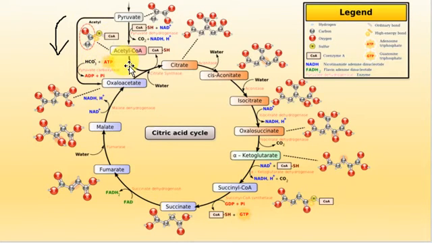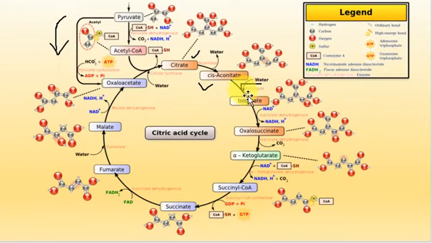So what happens here, condensation occurs and oxaloacetate is then transformed to citrate, after which dehydration will occur and it will move on to aconitase. Here it is, aconitase. Water is going out, and again dehydration will occur and isocitrate is formed.